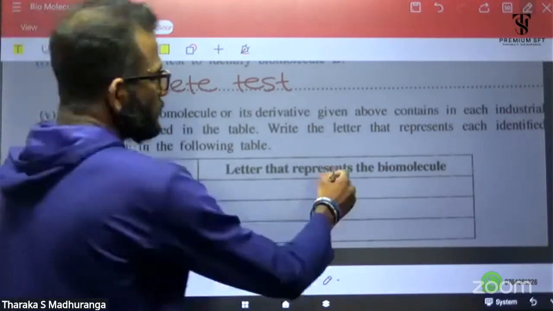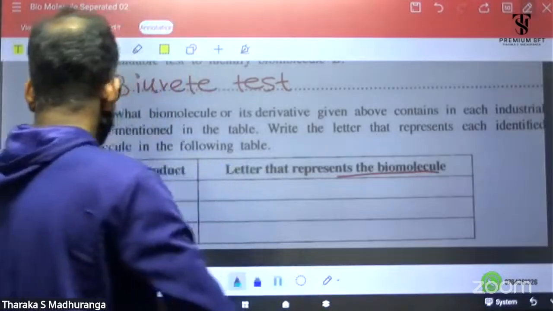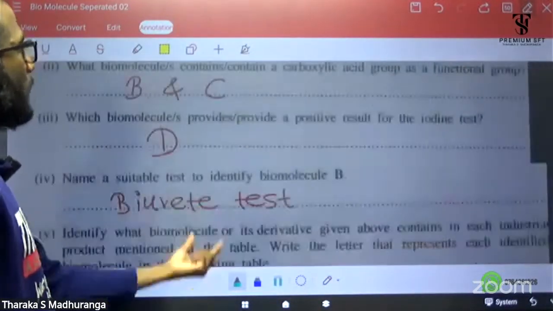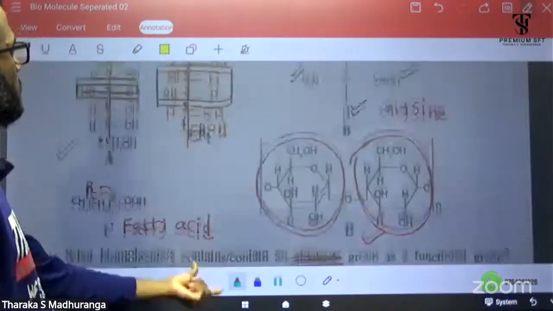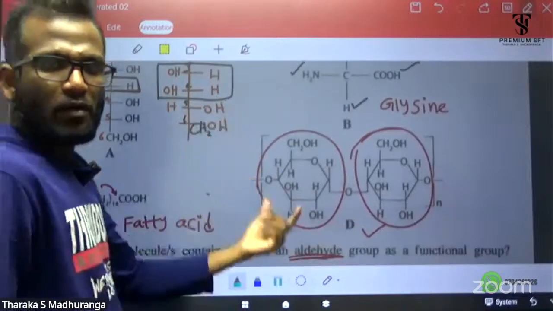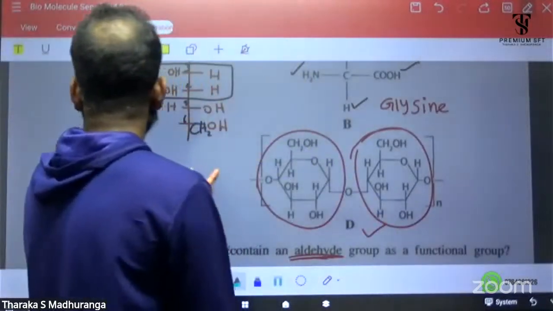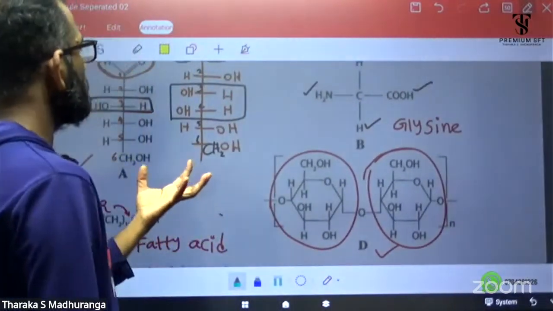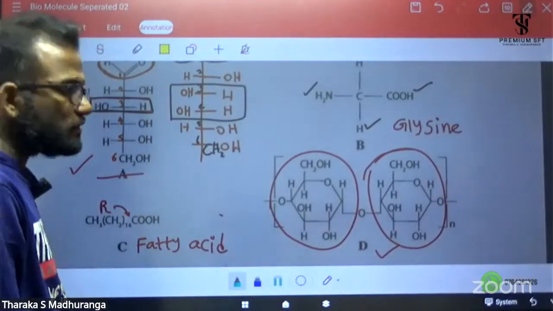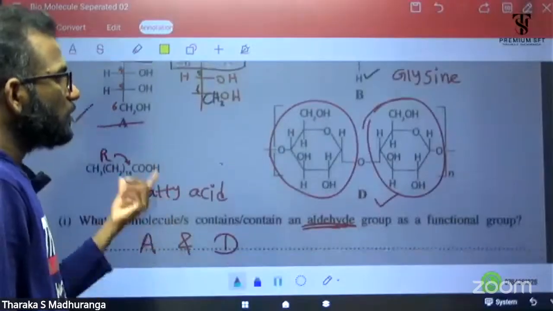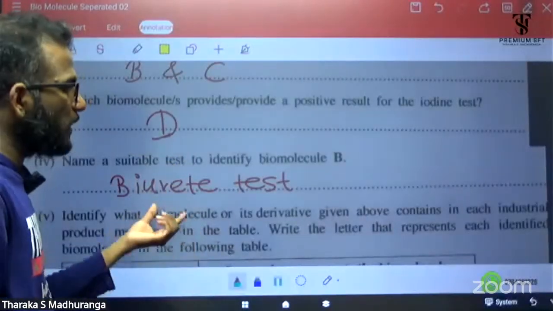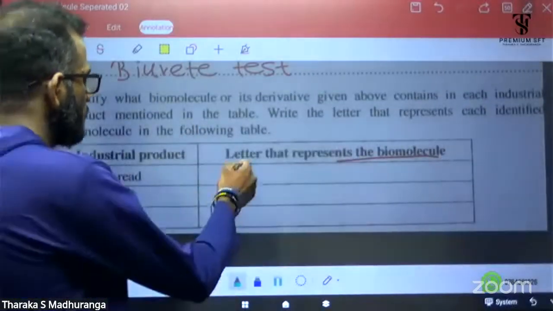Cotton threads. Cotton mainly contains beta glucose. It's the A biomolecule, because cotton means cellulose, and cellulose is mainly made by beta glucose. A.